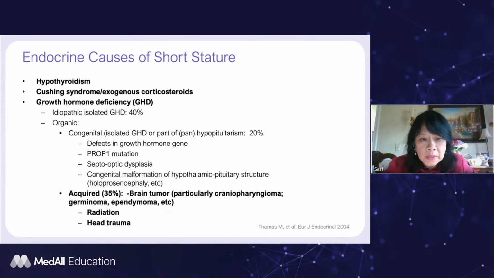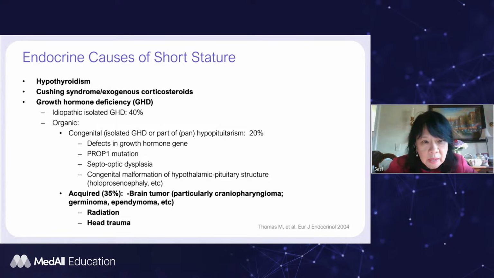That can be caused by defects in the growth hormone gene. One of the common gene defects is PROP1 mutation, and it can be a form of septo-optic dysplasia, which I will explain later. Congenital malformation of hypothalamic pituitary structure, like holoprosencephaly, can cause growth hormone deficiency.